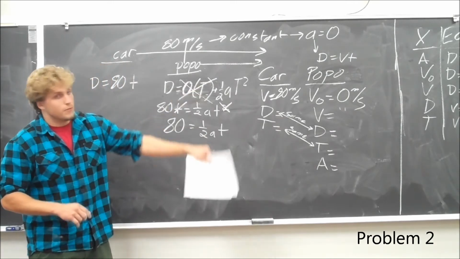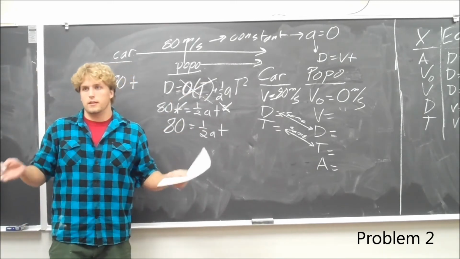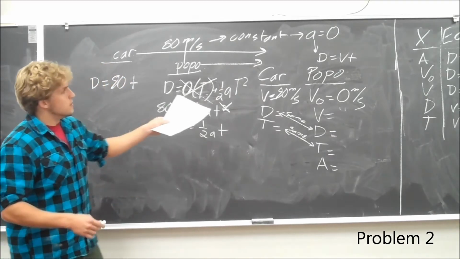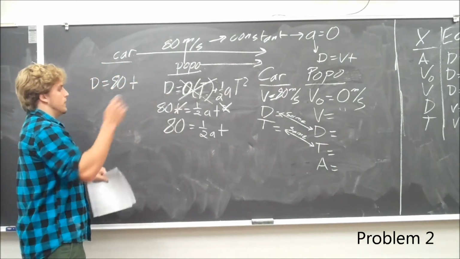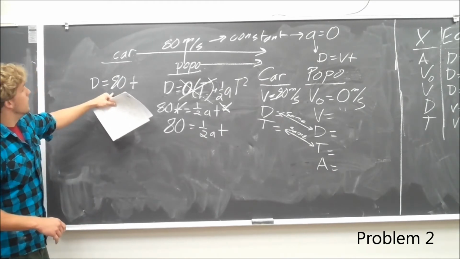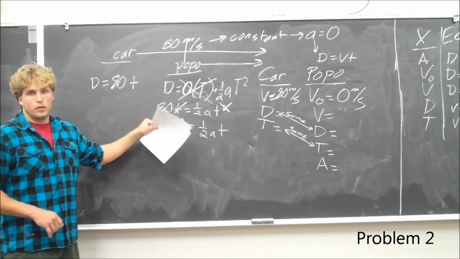You can pick any 4 of these equations and apply these mathematical substitutions, and you'll still end up with the same answer. You just have to make sure your algebra is right. So, anyways, I'm going to do d is equal to vt minus 1/2 at squared. And again, I'm just going to plug in 80t for the d, because I know I'm going to do the same thing again.